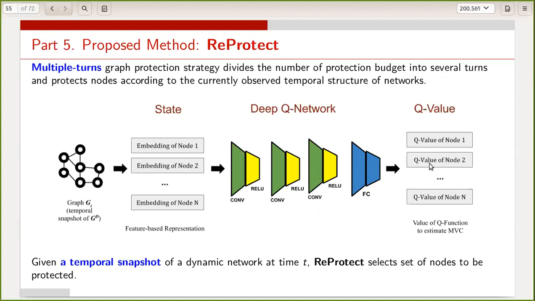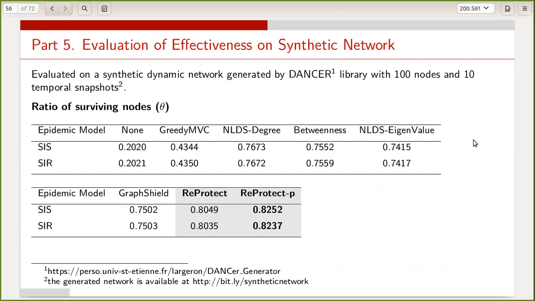By comparing the Q values of each node, we find the one with the largest Q value, and that node should be selected as the MVC. That node should be selected to be protected against the hoax. Yeah, that's our proposal. And this is our evaluation.